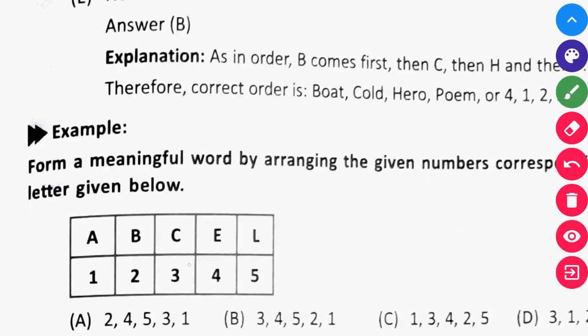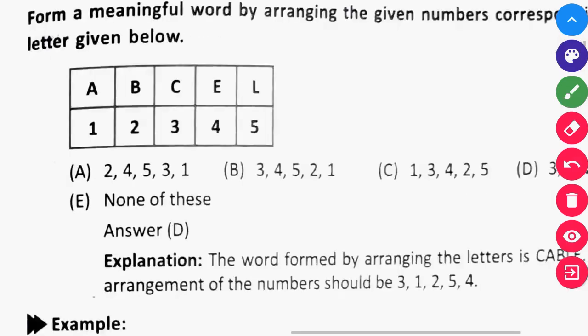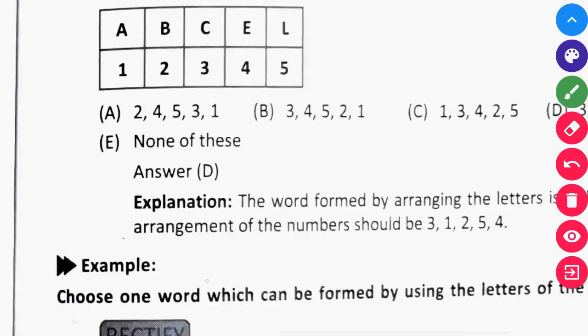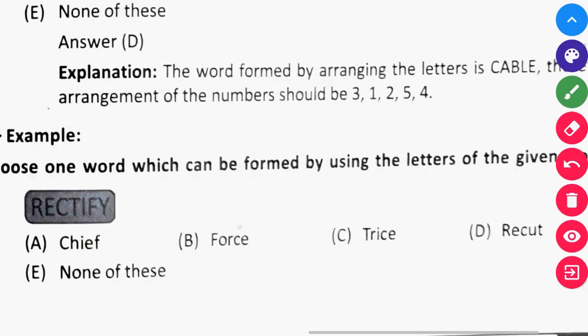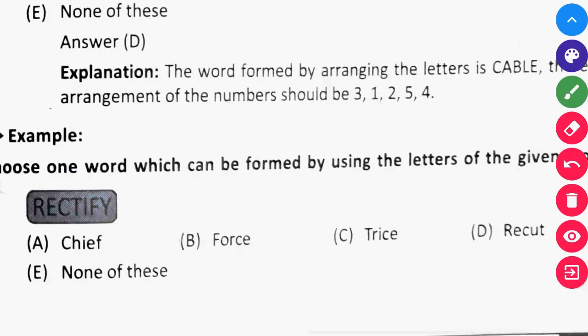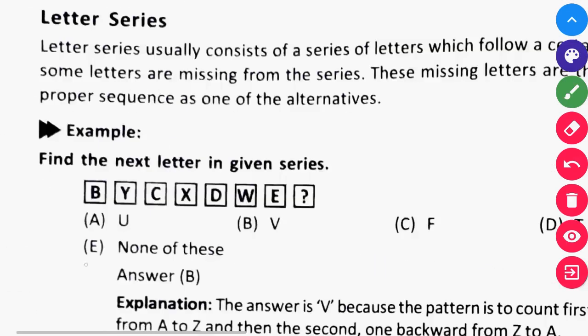So just identify the number sequence which makes the word cable. Now again a jumbled word is given, and by using the letters you have to form the meaningful word and identify the given word from the following examples. So thrice is your answer here.